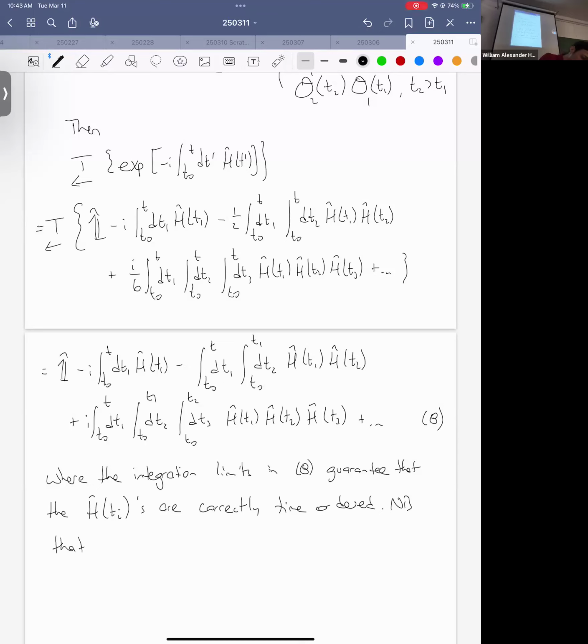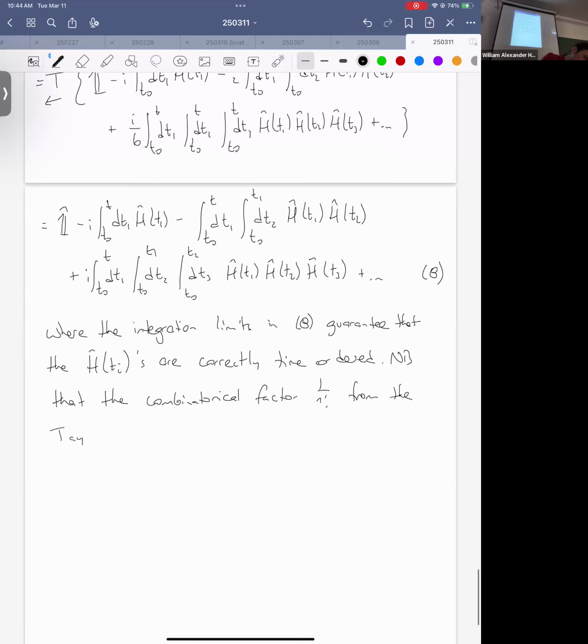Note that the combinatorial factor one over n factorial from the Taylor expansion of the exponential has been absorbed, or is accounted for, in 8.